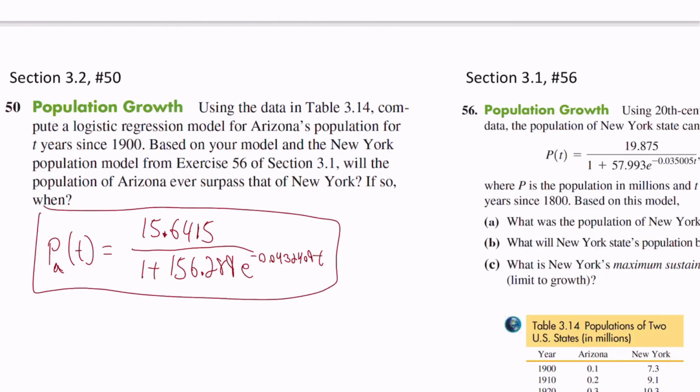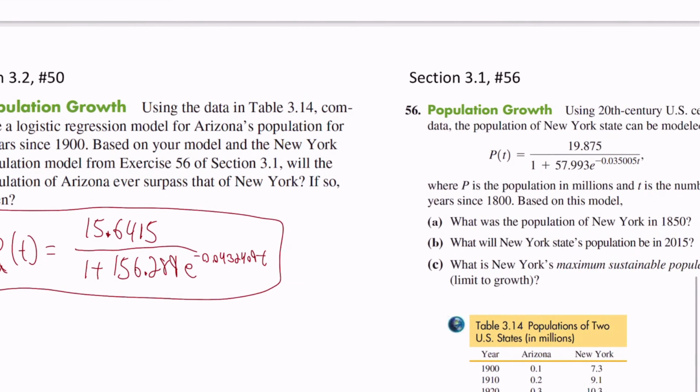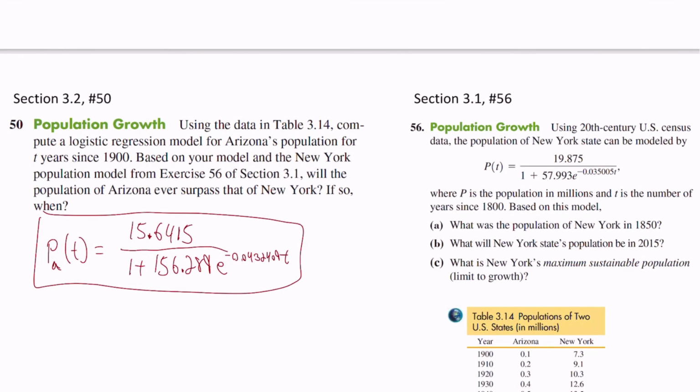Now, we could pretty much answer this question right now, just by looking at the two functions, because I'm going to highlight this numerator, and this numerator. The question is, based on your model and the New York population model from exercise 56, will the population of Arizona ever surpass that of New York? If so, when? So actually, I would say we're pretty much done here.